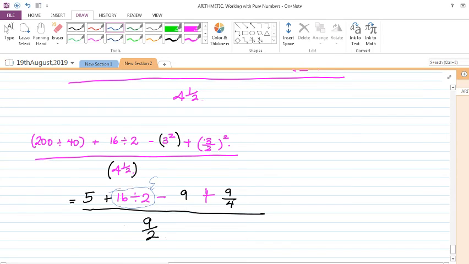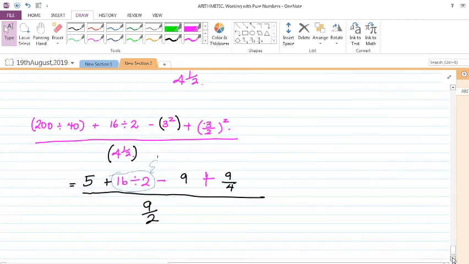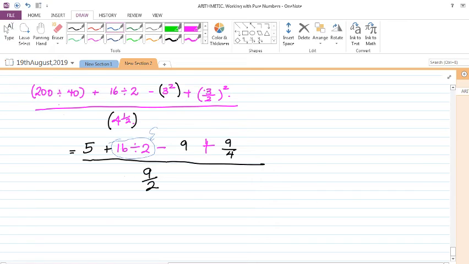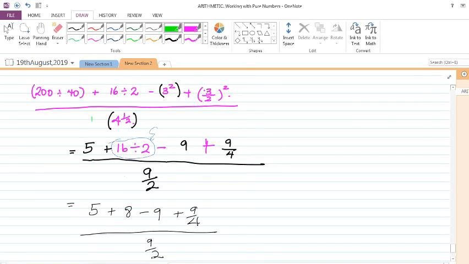This line will now become equal to 5 plus 16 over 2, which is 8, take away 9, plus 9 over 4, long vinculum, 9 over 2. Whenever you see a long vinculum, it means you must work out the entire numerator and then the denominator. So what's understood to be happening here is that you actually have a bracket here and here, because this long vinculum tells us to work out everything on top, then everything on the bottom, then do your division.